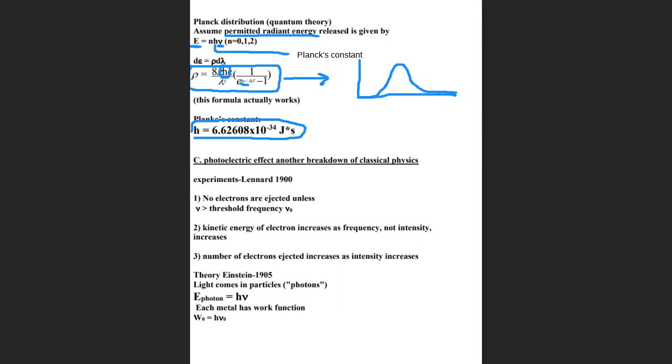Okay, this came in helpful in explaining another thing called the photoelectric effect. Unlike the perfect black body, this is somewhat easier to understand. Conceptually, what happens in the photoelectric effect is you have a sheet of metal.